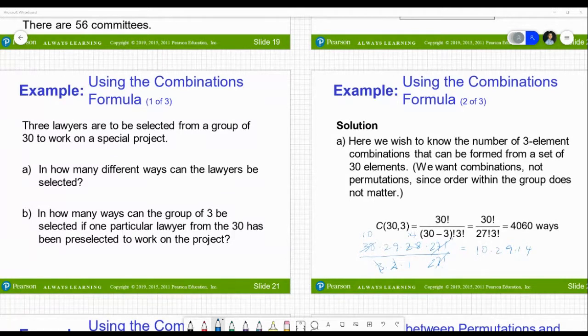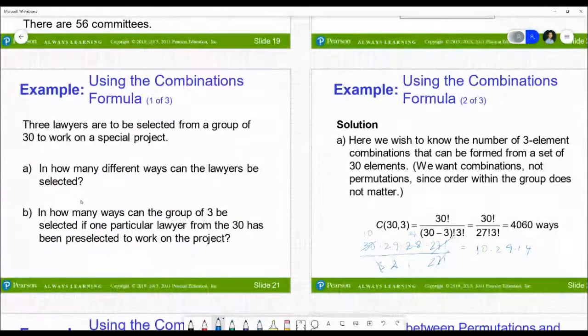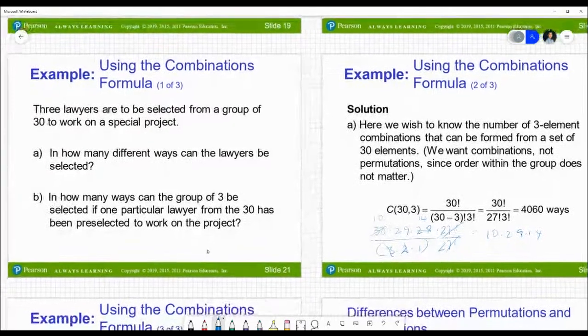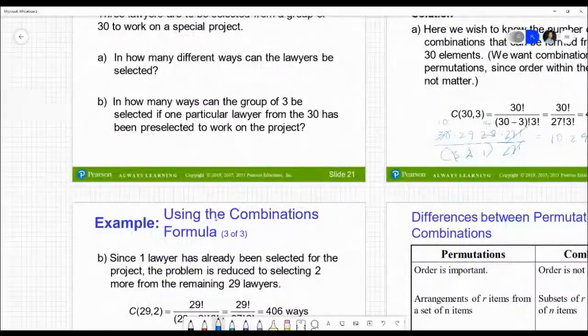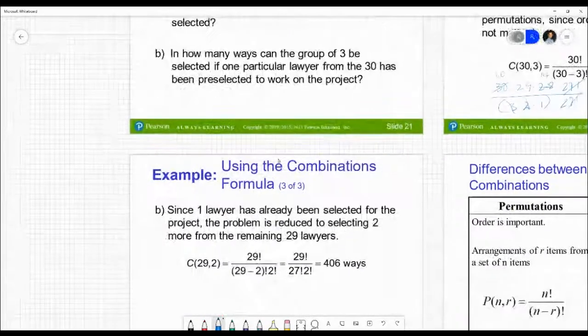So I did not cancel out the 2. If I didn't cancel out the 2, that'd still be 28. 10 times 28 times 29 divided by 2. Okay, I see what I did wrong. So you probably didn't put parentheses around here if you're going to multiply the denominator first. That's a very common mistake.